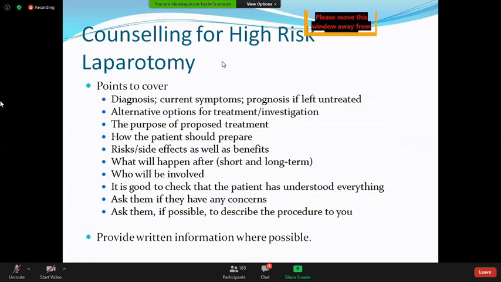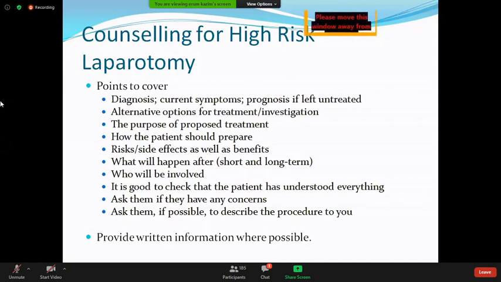So while explaining the basis for the discussion, what are the points which you have to cover? We will discuss the diagnosis of the patient, the current symptoms with which the patient has presented to you, and what will be the prognosis if we are not going to treat the patient.